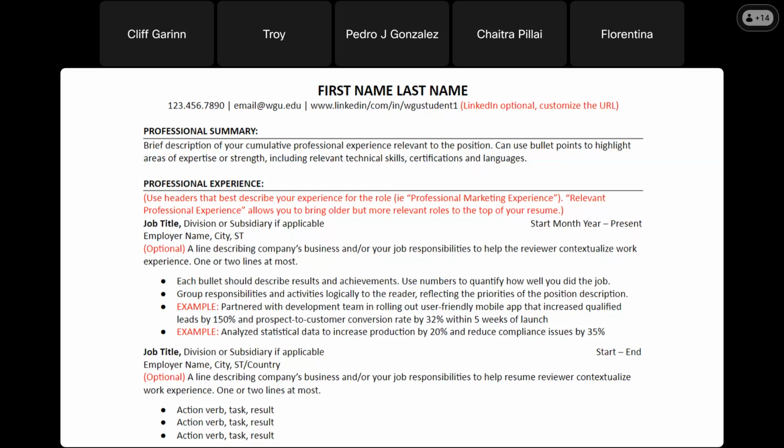So after the employer name and the city and state of the employer, you could put a line that kind of describes your role in the company, what you did for the business, maybe some higher level responsibilities that you were involved with or in charge of.